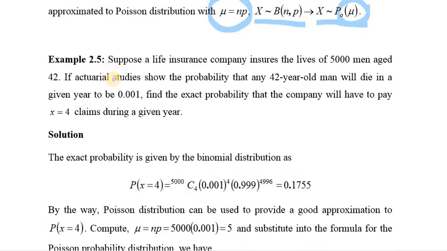Okay, let's look at this example. Suppose a life insurance company insured the lives of 5,000 men aged 42. So now the n is 5,000, and then the probability, okay, that a 42-year-old man will die in a given year is 0.001. So this is the probability of success.